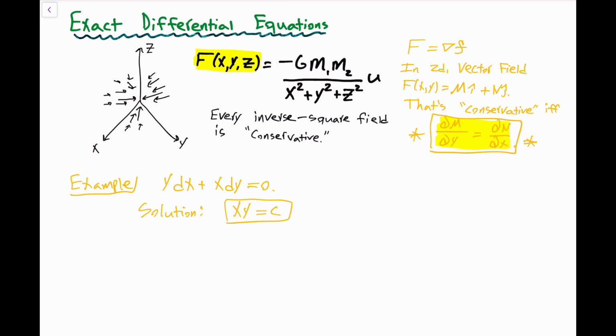Now, generally speaking, let's say we have M of x,y dx plus N of x,y dy is equal to 0. So this equation, which is a differential equation, is exact if and only if this equality holds. So notice that this y is the M of x,y. This x happens to be this N of x,y. So what is the total differential?